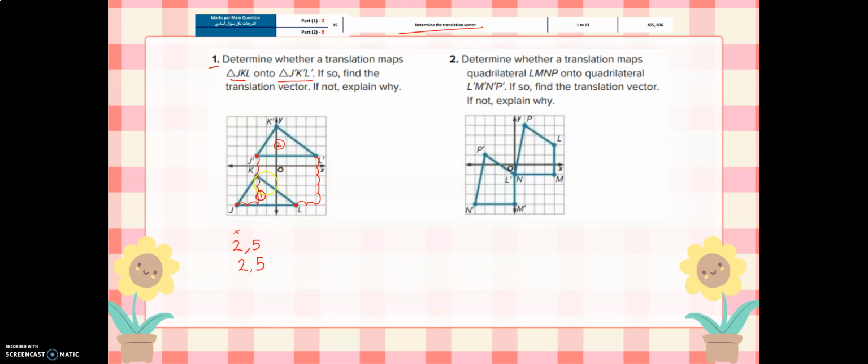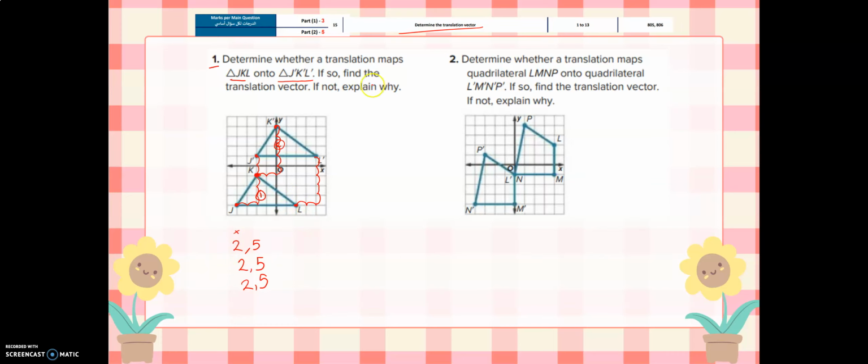Now let us look at point K. So vertex K. How it was translated to the right is 1 and 2. Okay, and then up 1, 2, 3, 4, and 5. So as you can see, the translation vector is the same for all the vertices.